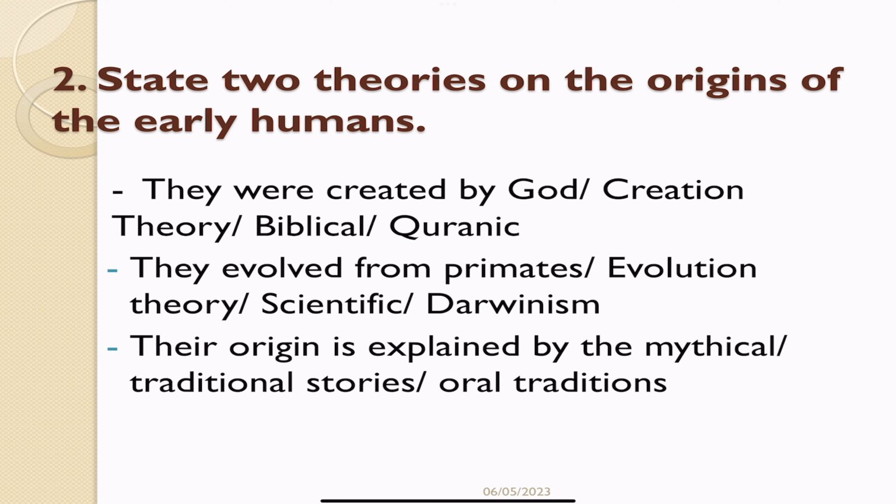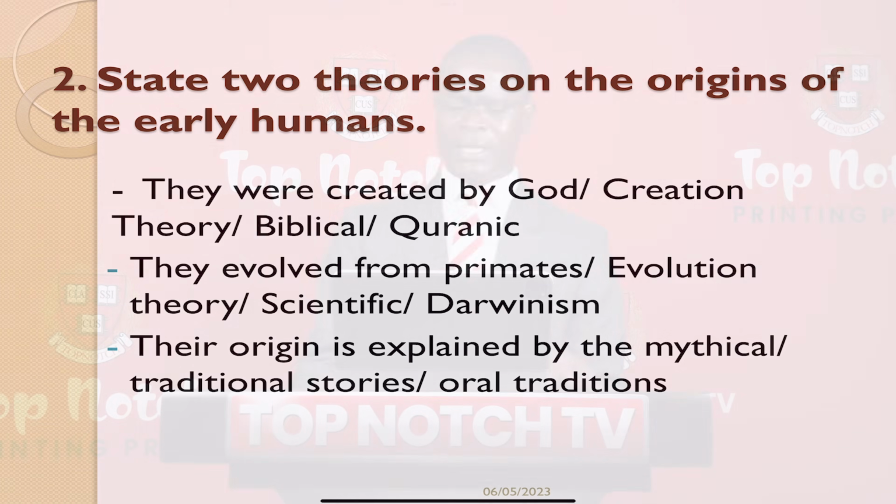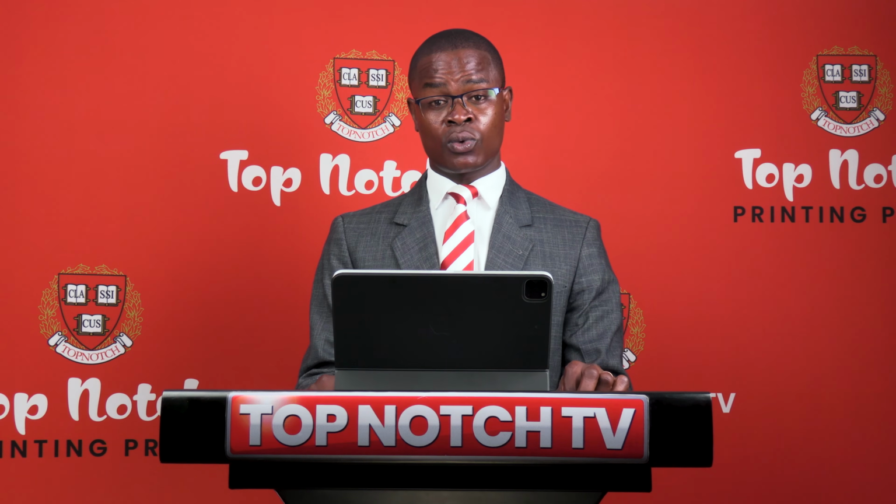The second one, the evolution theory, talks about man evolving from primates. Can also be called scientific or Darwinism. Number 3, that we have myths or traditional stories that explain how human beings came into being, or somebody can simply call them oral traditions. Now, this is provided for in paper 2.